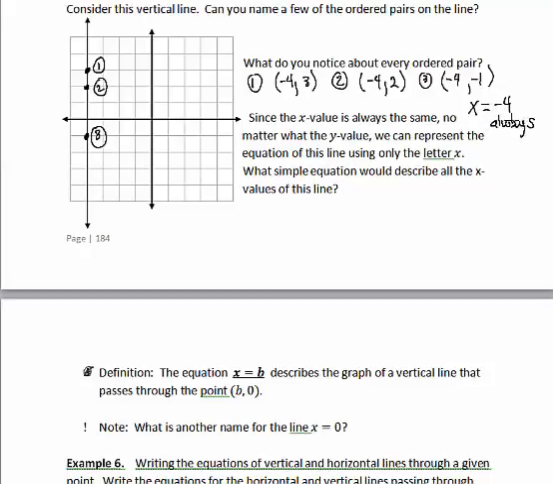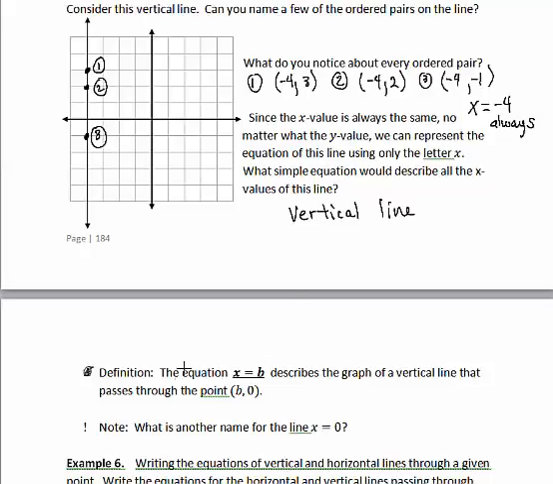And so it turns out that this is the actual equation of this line. It doesn't have a y variable in it because y does not affect the x coordinate whatsoever. So when you see an equation of this type with only the x variable, then you should recognize it as a vertical line, straight up and down, a lot like the y-axis.